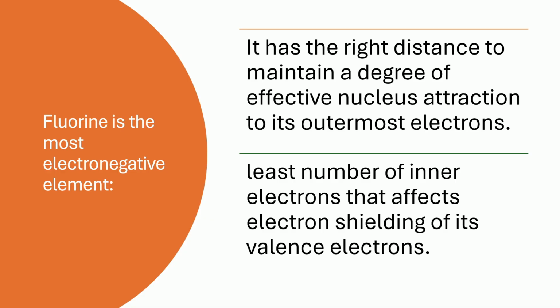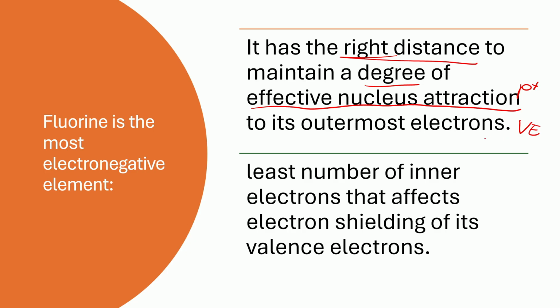To conclude, fluorine is the most electronegative element because, first, it has the right distance to maintain a degree of effective nuclear attraction, the positive attraction of the protons to its valence electrons.